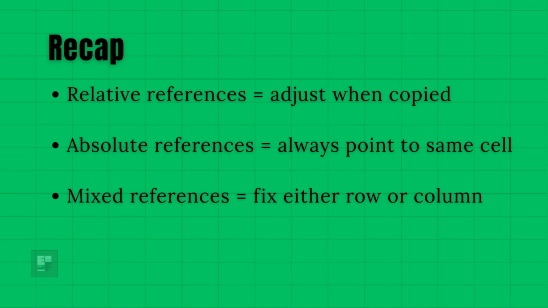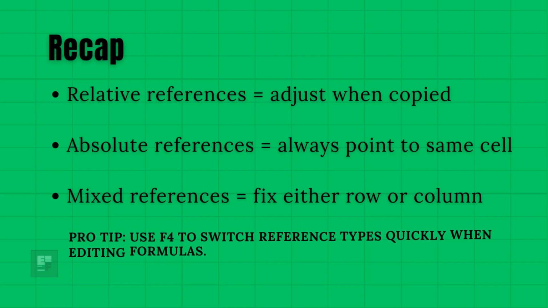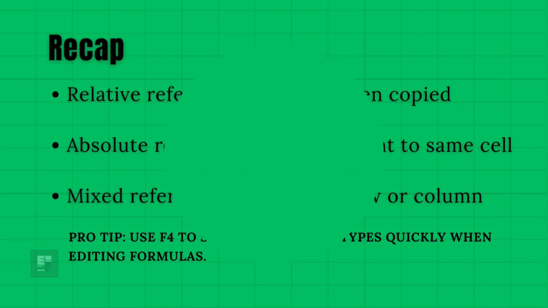Powerful for tables where one dimension is fixed, another varies. Here's the pro tip. Use F4 to switch reference types quickly when editing formulas. Once you start thinking in terms of, should this reference move when I copy the formula or stay fixed? Your spreadsheets become more robust, flexible, and easier to maintain.